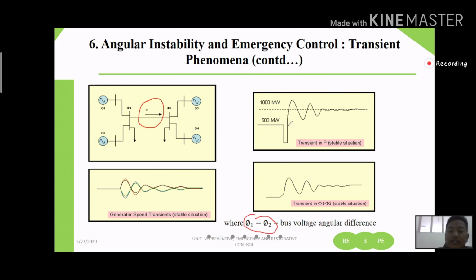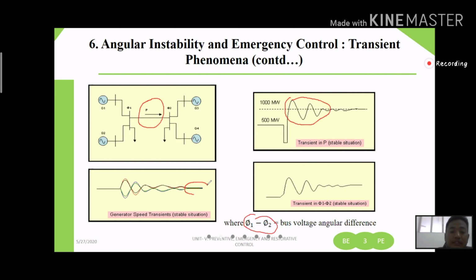Then you can see that this has occurred because a fault occurred there, right? But after some time it tries to bring back to the steady state, meaning the transient in power is stable. So normally there will be disturbances because there is a fault, but after some time it will come back to the steady state. Similarly, you will see the generator speed transient. Four generators are there, so there will be disturbances in all their speeds in this transient state, but later on it will come back to the steady state.